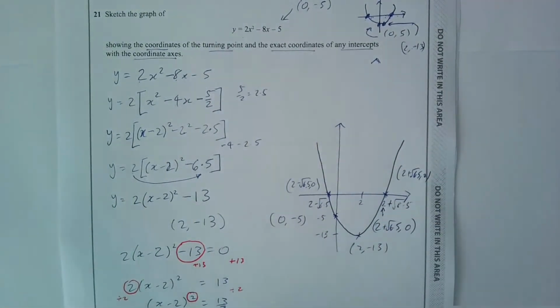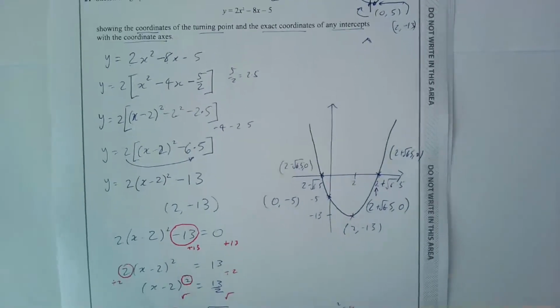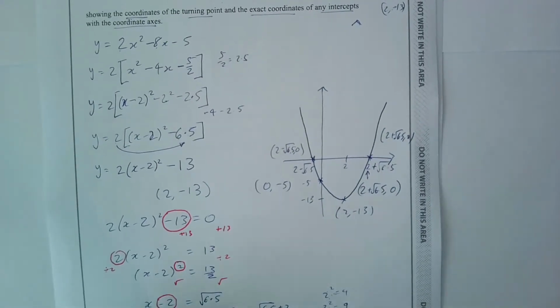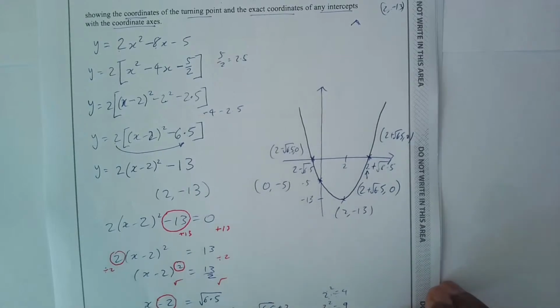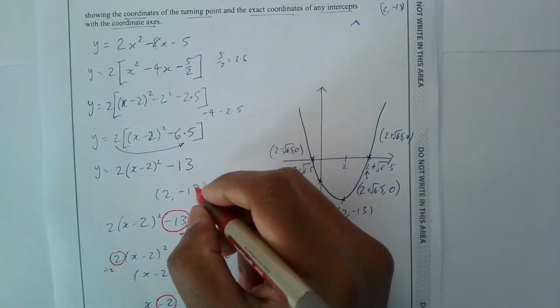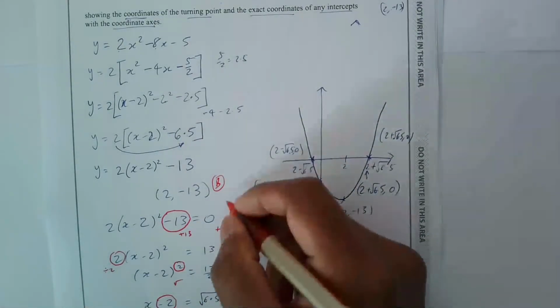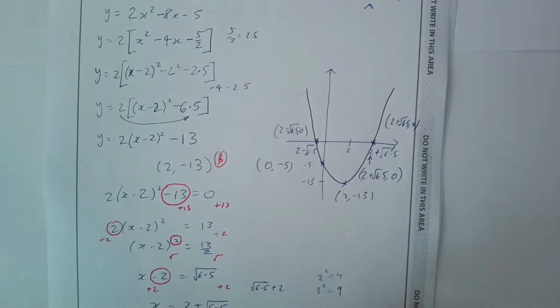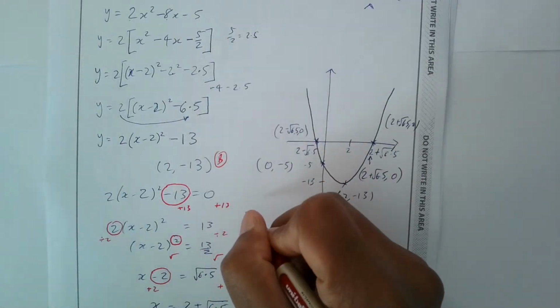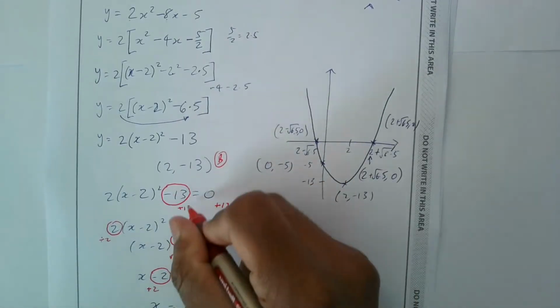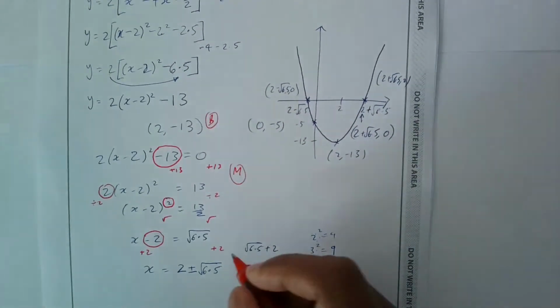So quite a lot of marks for that question. So where are the method marks for this one? There's a method mark for identifying the turning point. So that's the first thing. For this process of solving the quadratic, you get a method mark for starting the process and for this final answer.